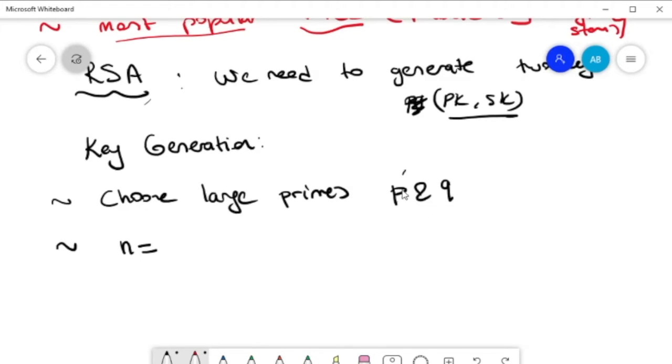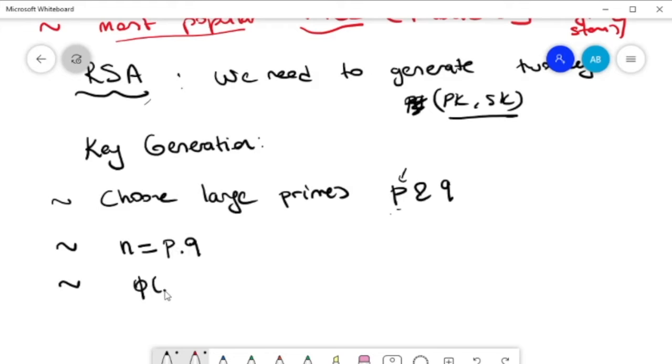Usually we denote one prime P, and the other prime we denote with Q. This is always the case. When you say P and Q in RSA, they are prime. So we multiply P and Q and we obtain N.